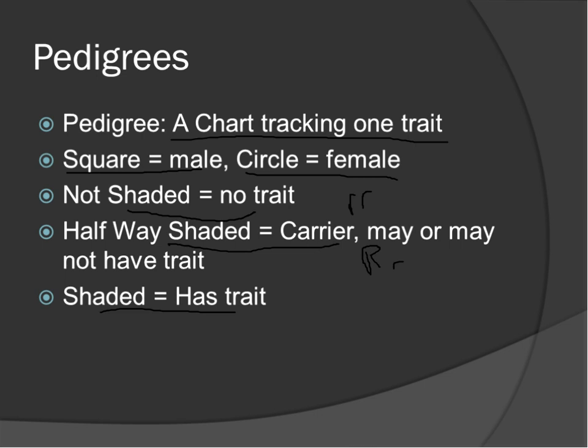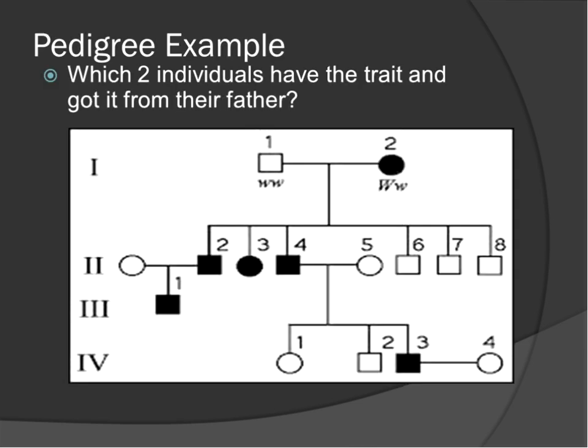If it's not shaded, they don't have the trait. If it's halfway shaded, they are a carrier of the trait. So no trait may be little r, little r. Halfway shaded may be big R, little r. Shaded, that means they have the trait. So that would definitely be big R, big R. That's just a general key on how to use it.